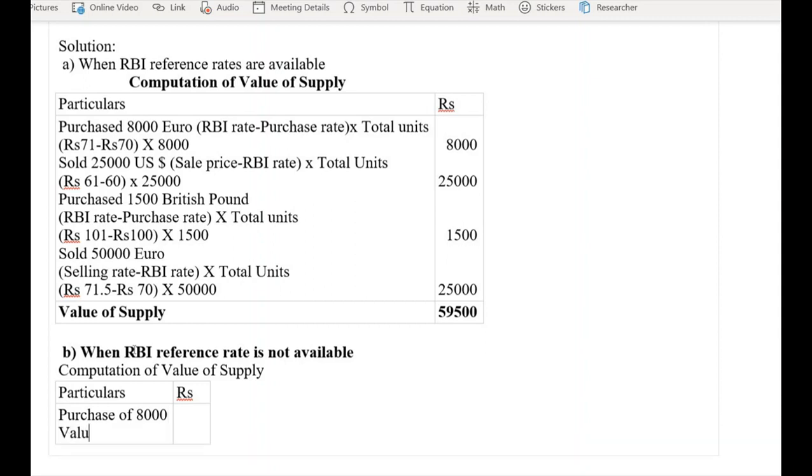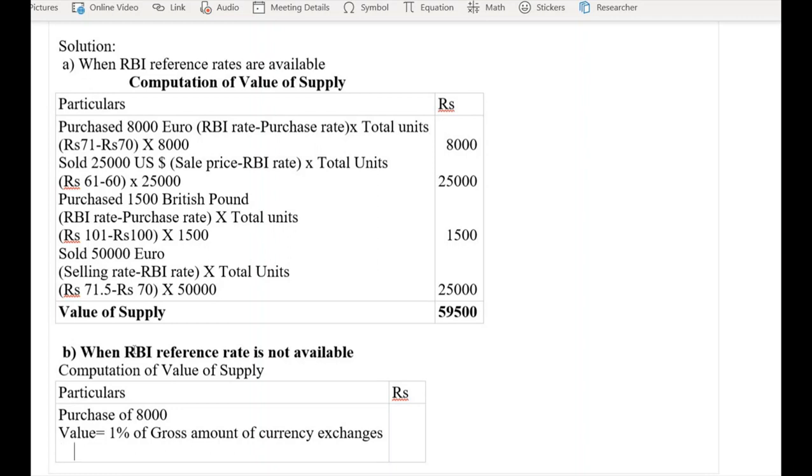So the value of supply equals to 1% of gross amount of currency exchanged. So let us substitute the values here.